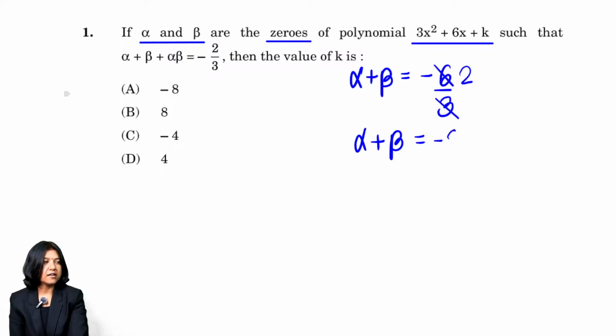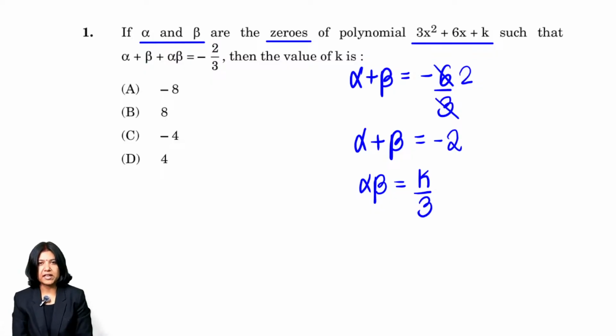Now likewise, the product of roots is always represented by the last term divided by the leading coefficient, or the coefficient of x squared. Because my k is unknown here, I'll write in terms of k itself. I'll get k upon 3.